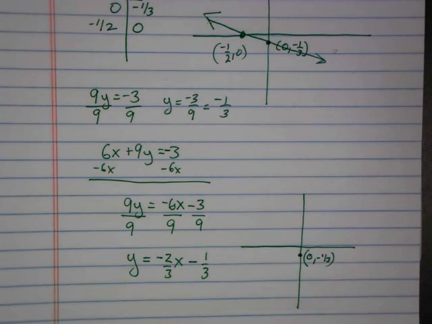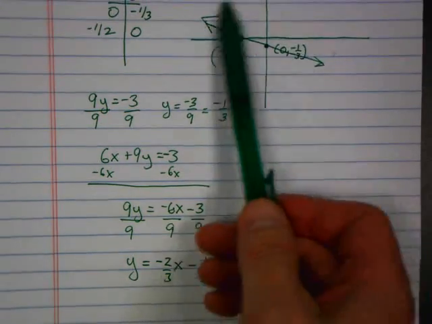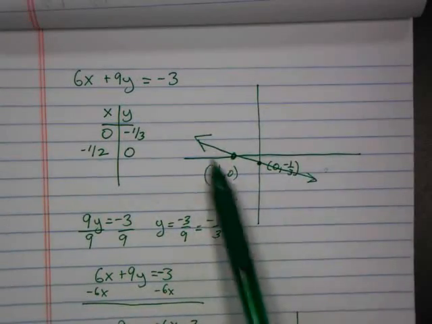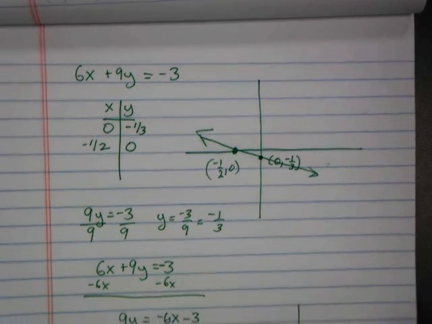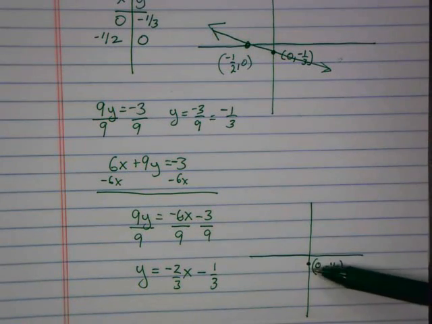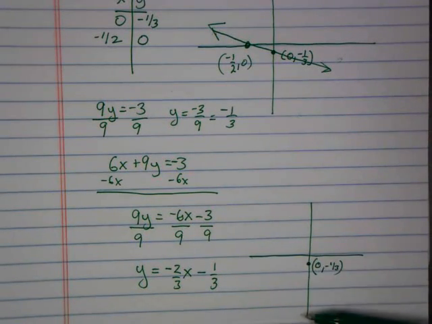How far down does that put me? Yeah, that's a pain, isn't it? If I start at negative 1/3 and I go down 2, 2 and 1/3, that's going to put me at negative 2 1/3. And then I'd have to go to the right 3. Well, the right 3 wouldn't be too bad.